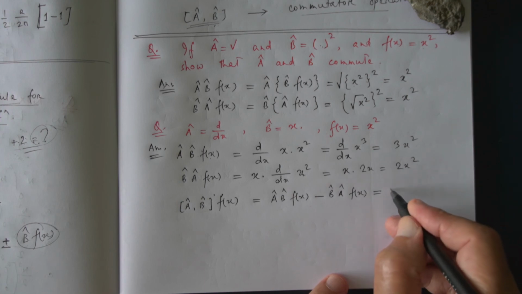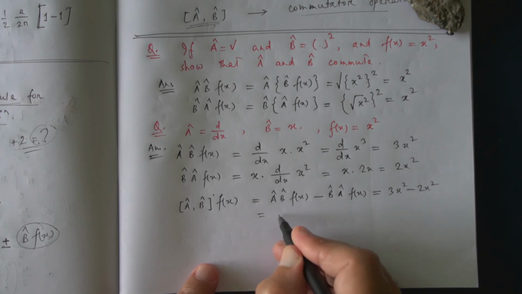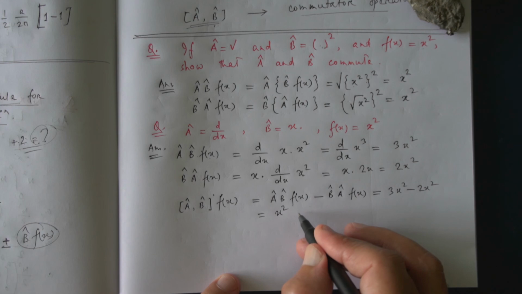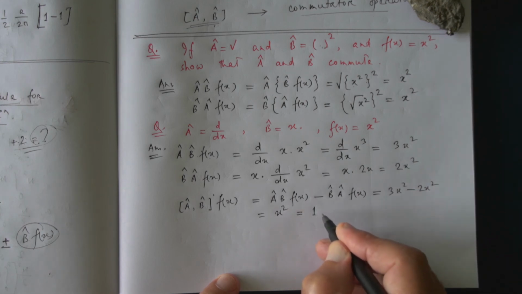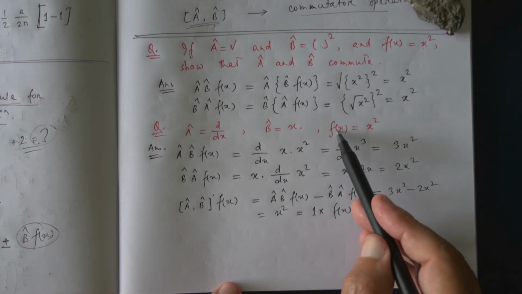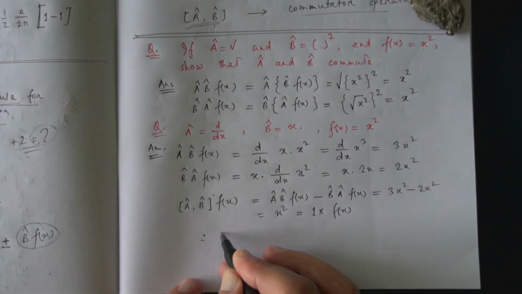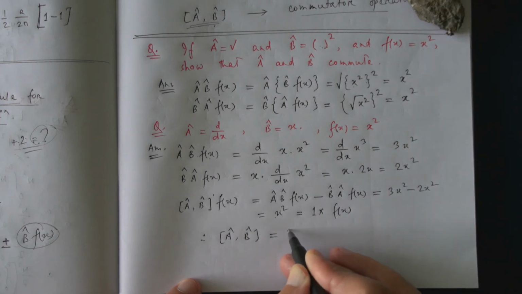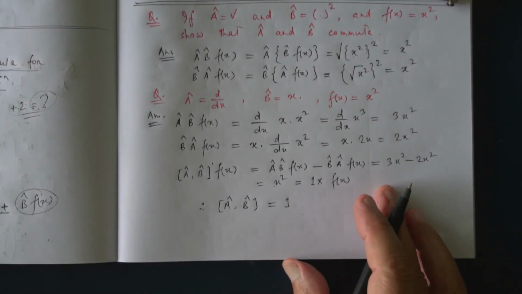This is equal to 3x square minus 2x square, that is equal to x square. That is equal to 1 into f(x), where f(x) means x square. So the value of the commutator operator is 1.